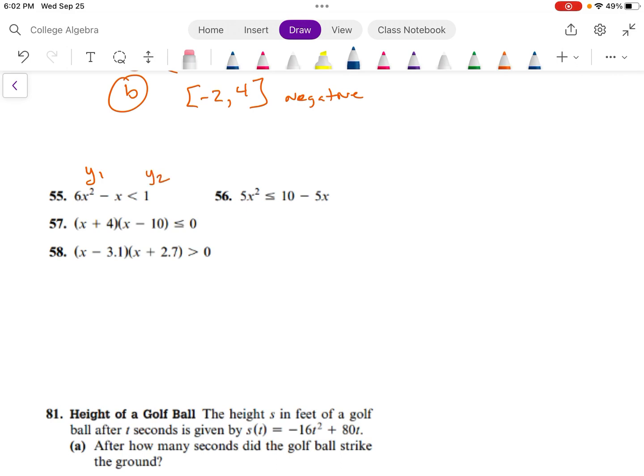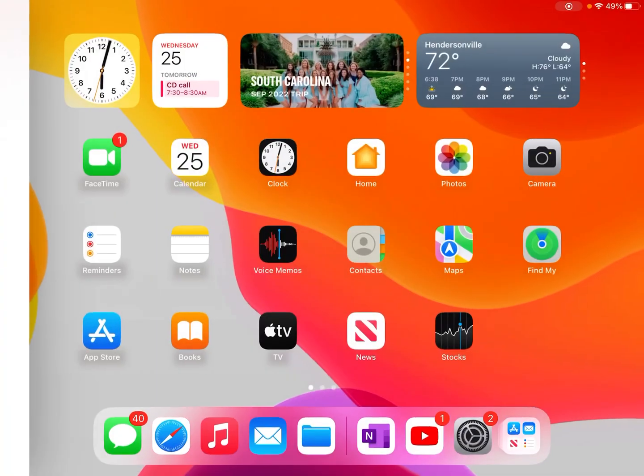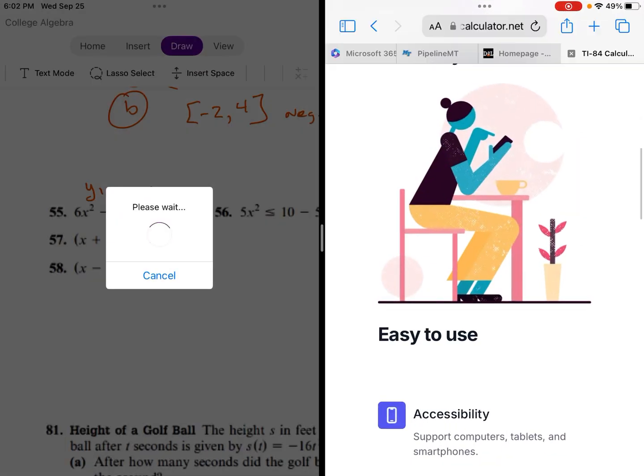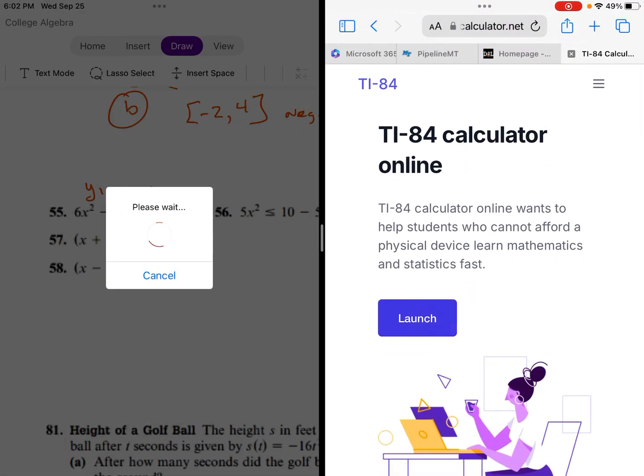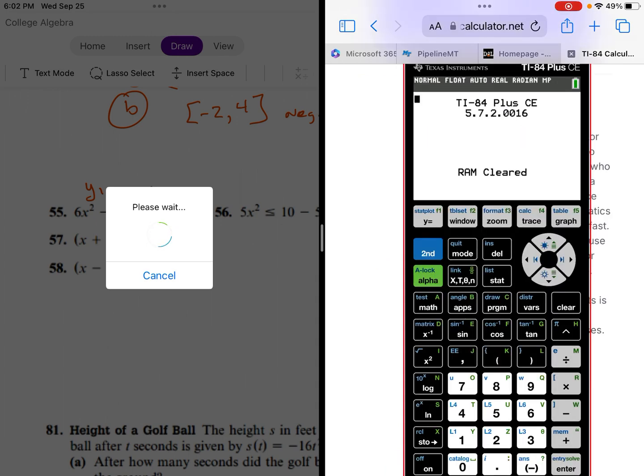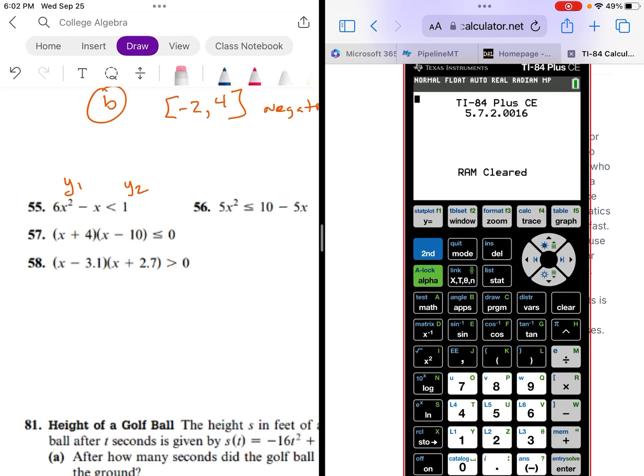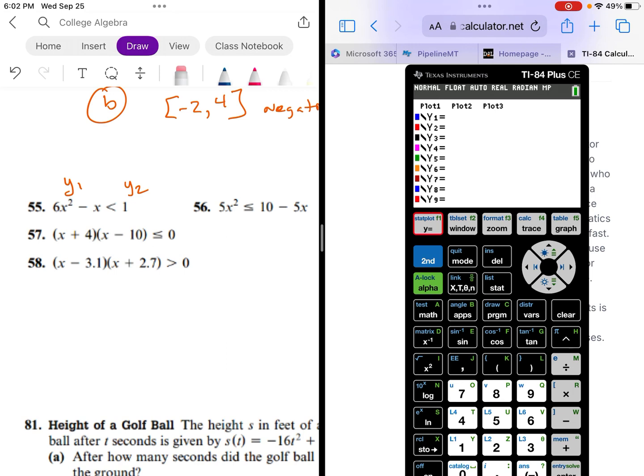So let me split my screen here. And let's go ahead and get the TI calculator up here. All right, and let's go into the graphing feature and let's put 6x squared minus x. And then for y2, we're going to put in the number 1.